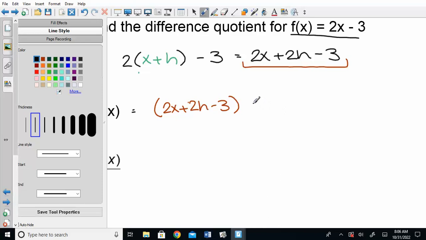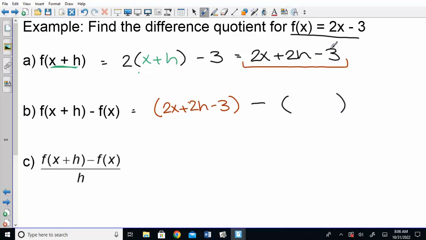Minus f of x, the original function, which was 2x minus 3. So I took my answer to part A, and then I had to subtract off f of x, which is just the original function.